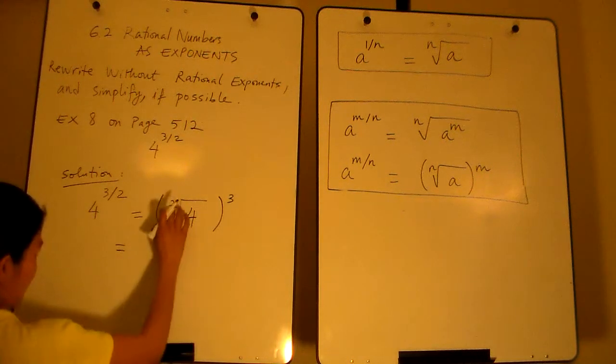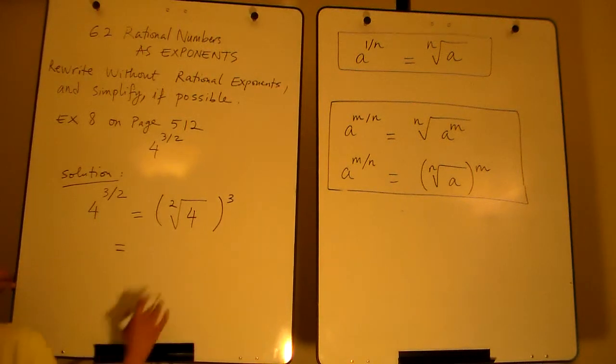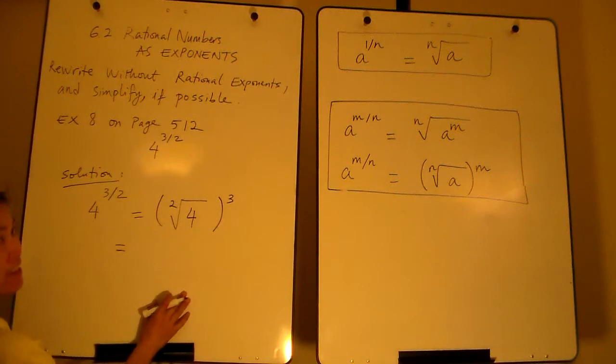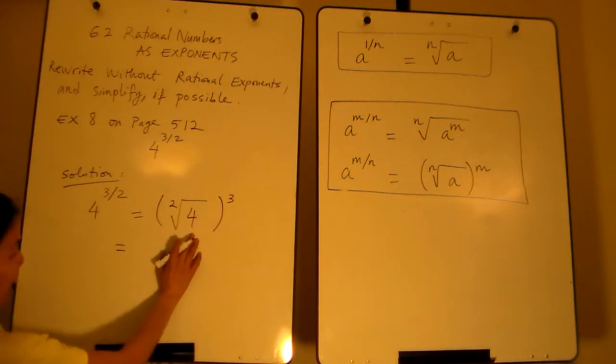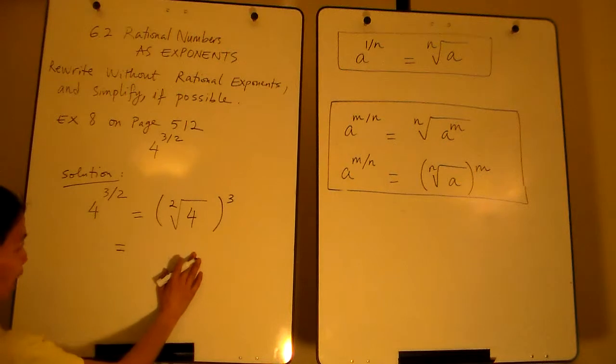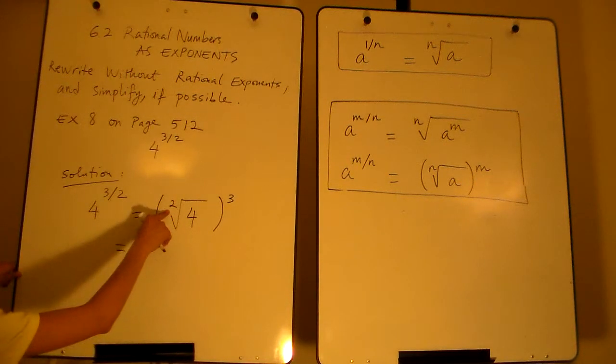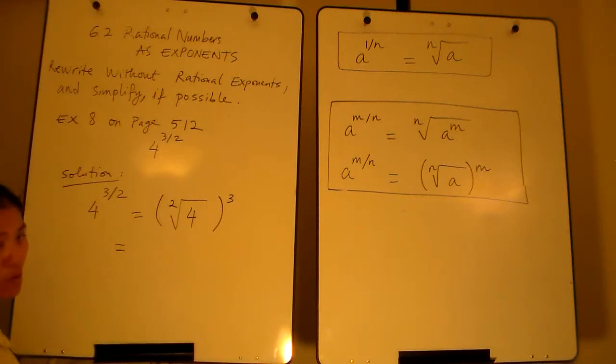Now, this is an even root, so you need to use absolute value, except when the radicand is non-negative. In this case, 4 is non-negative, so you don't have to use absolute value. But keep in mind that every time you have a k root that is even, in this case 2, you must use the absolute value.